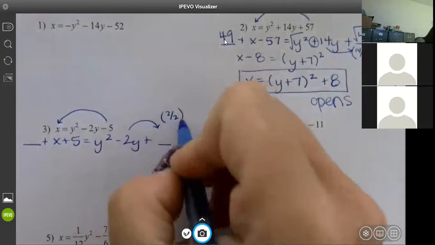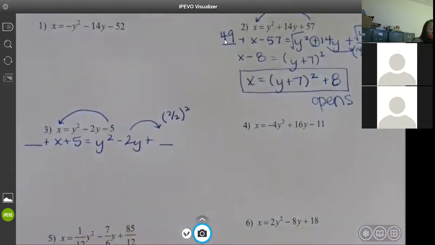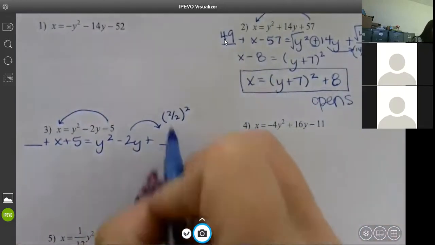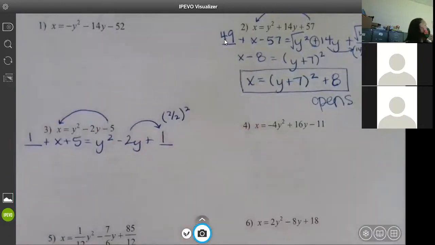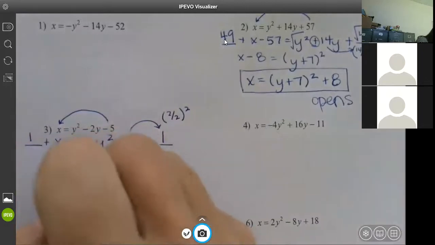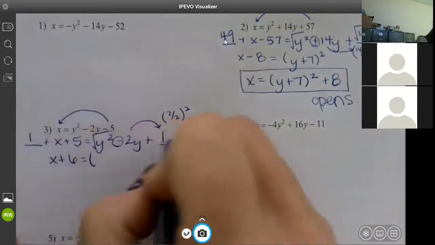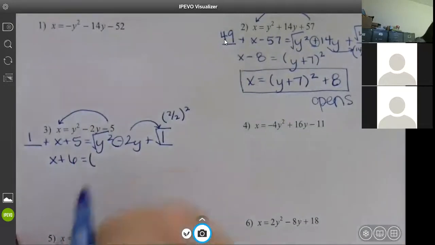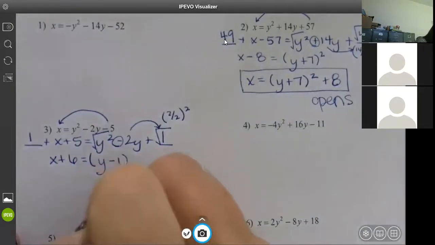Two divided by 2 squared. 1. Put it in both because I didn't pull anything out. Rewrite it. 1 plus 5 is 6. Square root of the first, the sign, square root of the last. So y minus 1 squared.